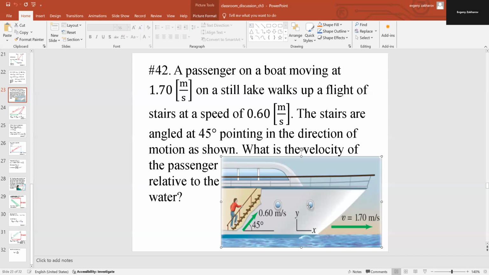Do you see the different reference frames? Right? We have three objects to work with: the lake, the boat, and the passenger. And what we have given here is boat with respect to the lake and the passenger with respect to the boat.